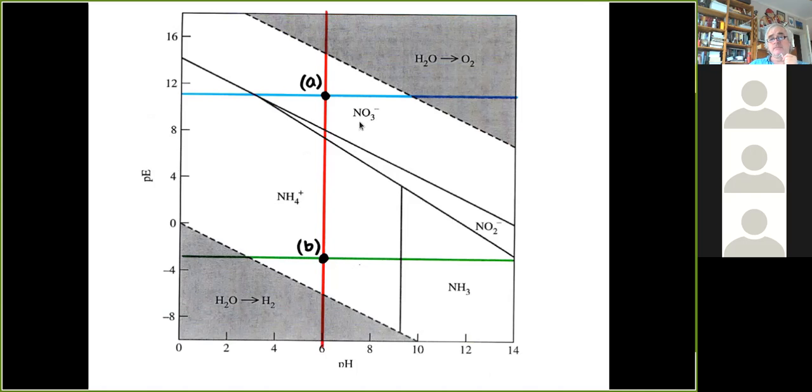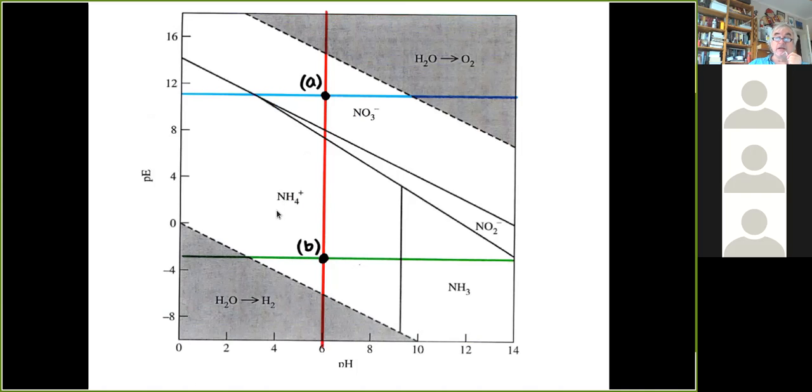Here you see that nitrate, where nitrogen is in the +5 state, occurs high up in the diagram, where there is an absence of electrons, while ammonium ions and ammonia are present in the low parts of the diagram where there is a surplus of electrons.